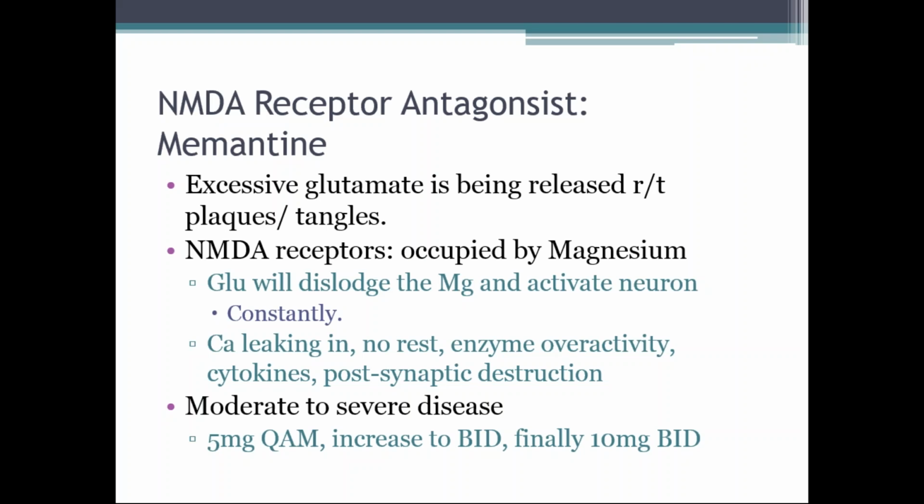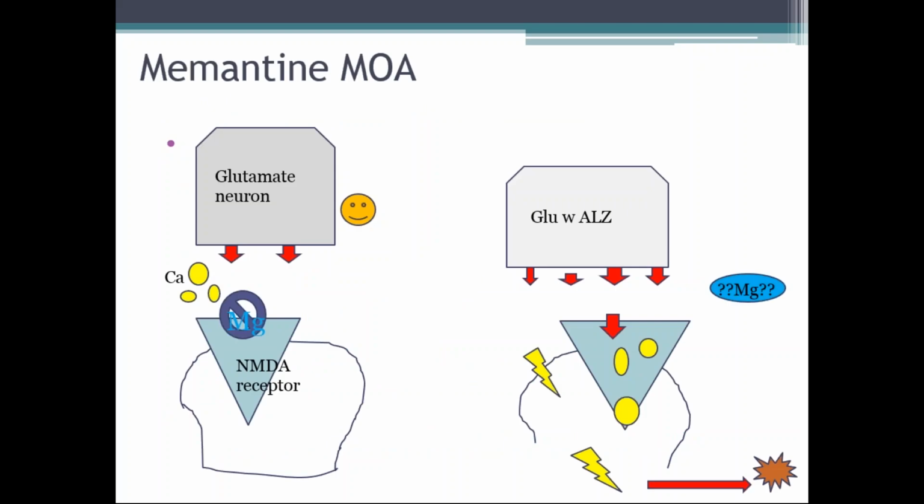What memantine is trying to do is essentially step in for the magnesium and try to block this channel a little more firmly so that it's not a constant flow and a constant turn-on signal for that next cell.